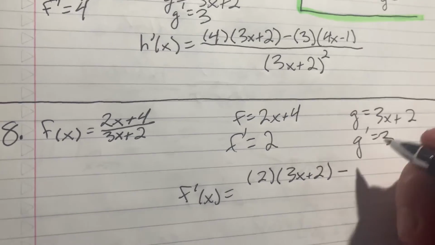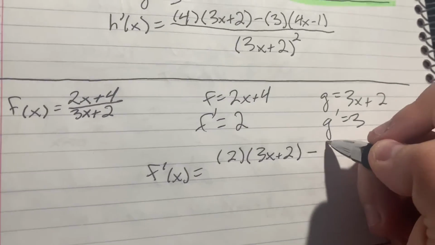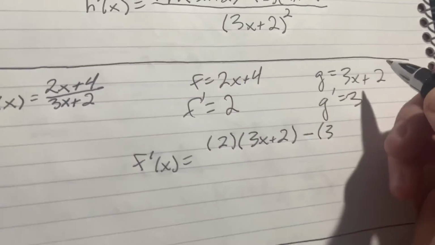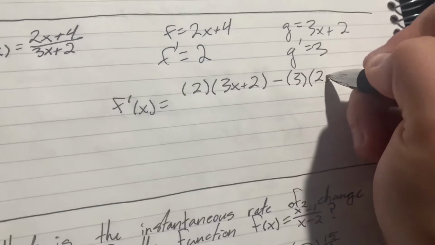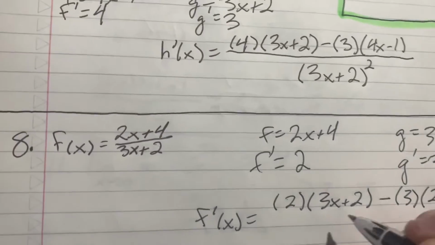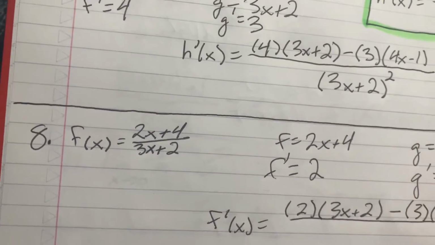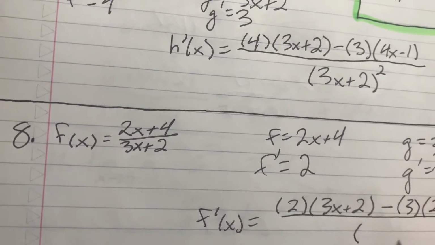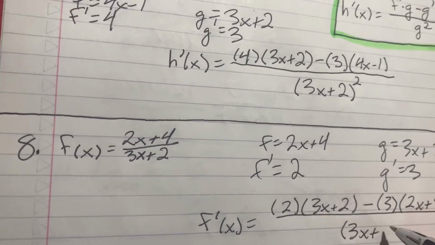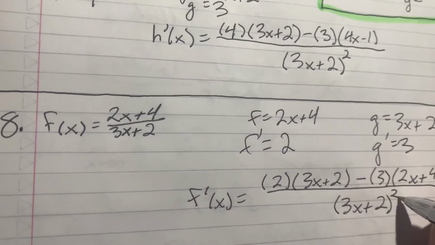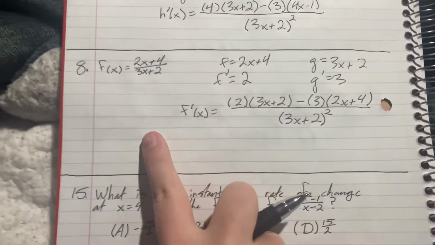Then do that minus the derivative of g, which is 3 times f, which is 2x plus 4, all over g squared, which is 3x plus 2 squared. So that is the answer for number 8.